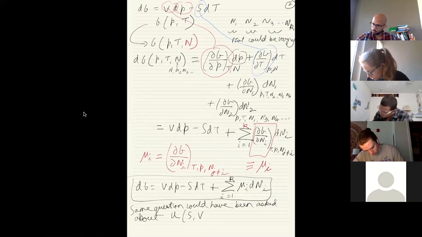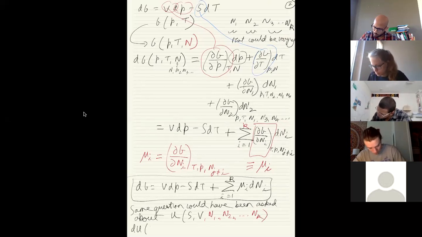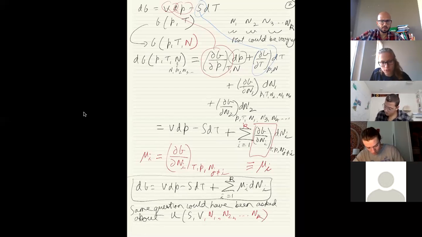What if you also have varying composition here, N1, N2, and all Nk? In this case, you will now write down dU as a function of S, V, and N. Let's go to the next page to work with U. I'll leave this just for a moment if I'm writing too fast, so you don't really have to copy, the notes are online.